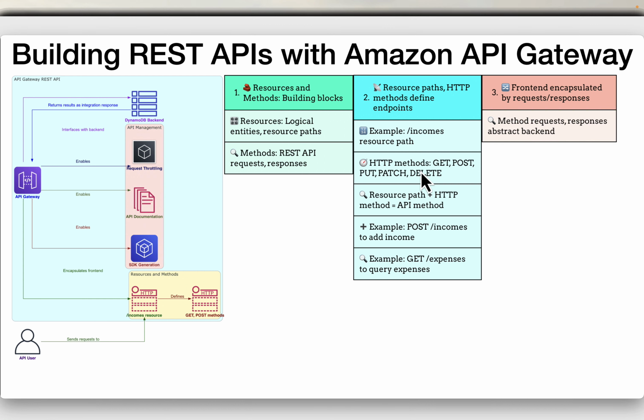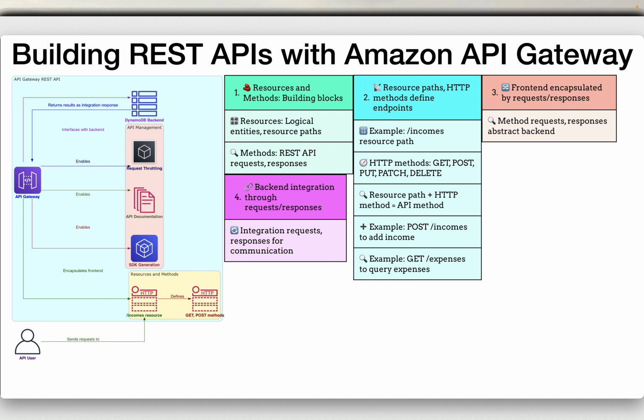In API Gateway REST APIs, the front end is encapsulated by method request and method responses, abstracting the backend implementation details from the app. The API interfaces with the backend using integration request and integration responses, allowing seamless communication between the front end and backend. So basically, you have front end, which will be, let's say, your user interface. Then you have, let's say, a form.